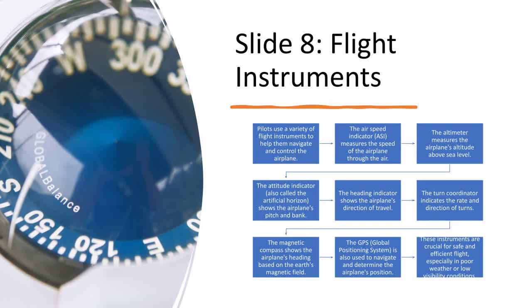These instruments help pilots maintain the correct altitude, speed, direction, and level flight, as well as navigate to their destination. They are especially important during takeoff, landing, and in poor weather conditions. Pilots must be skilled at interpreting and using these instruments to ensure safe and efficient flight.